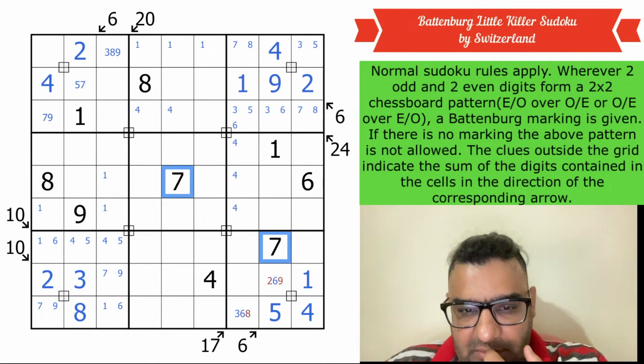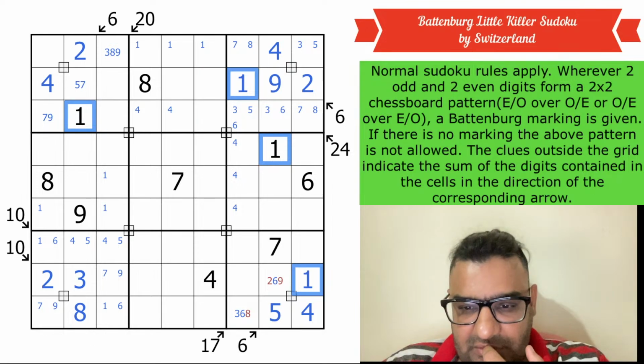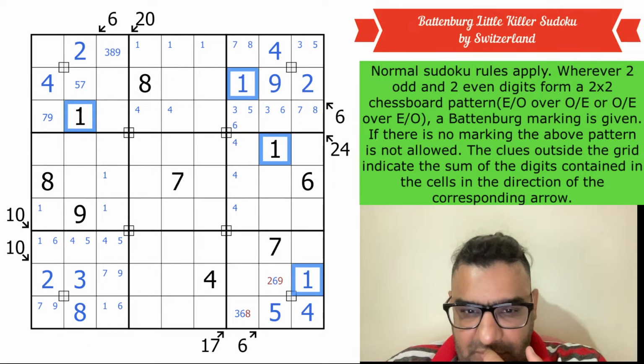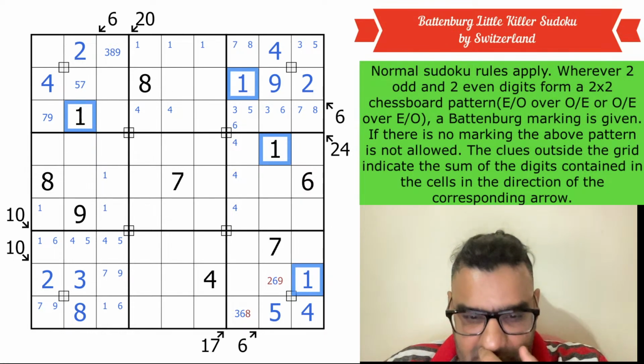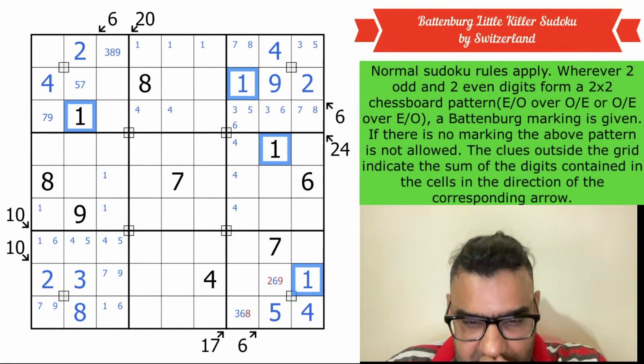If we check 1, we have 1 in one line. If we go here, then there is 1. If we go here, then 1 cannot be here. So this 2 or this 3 or 1. If we go here, 1 cannot be here. But 1 can be here.